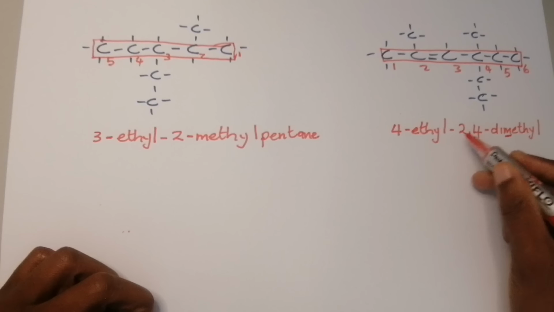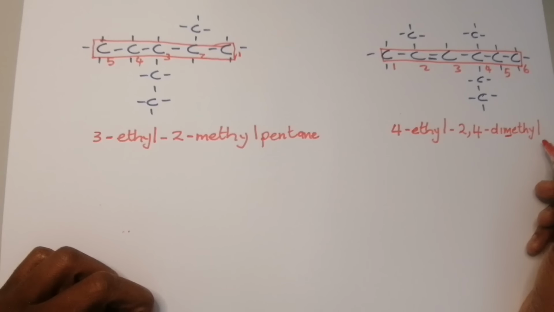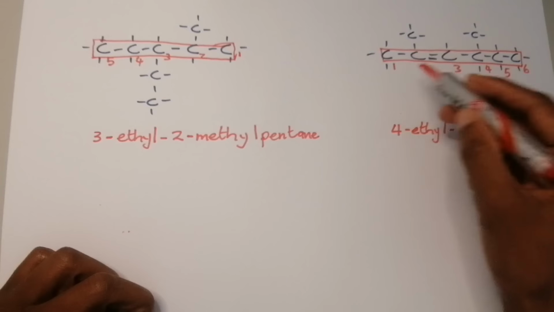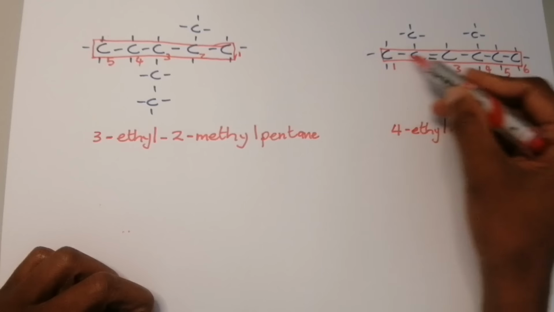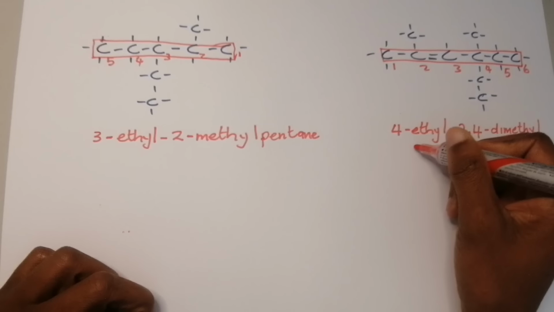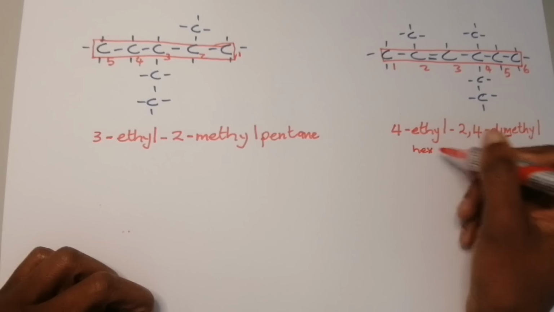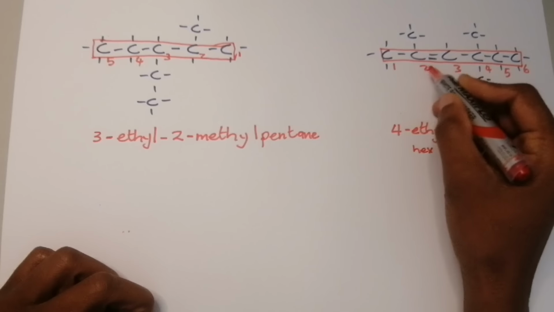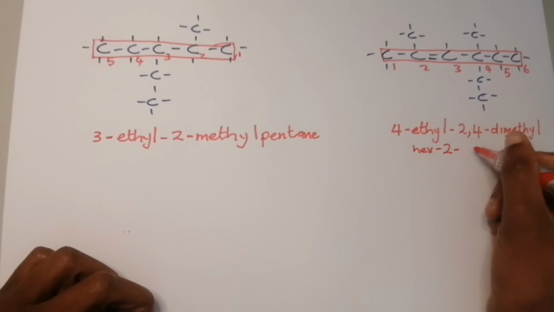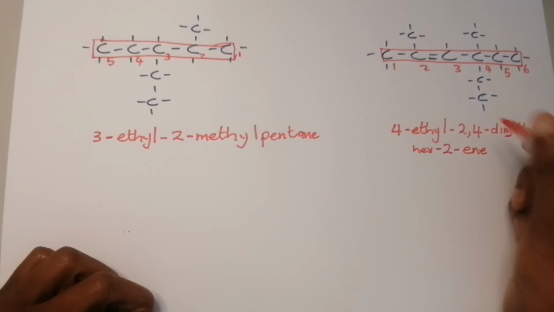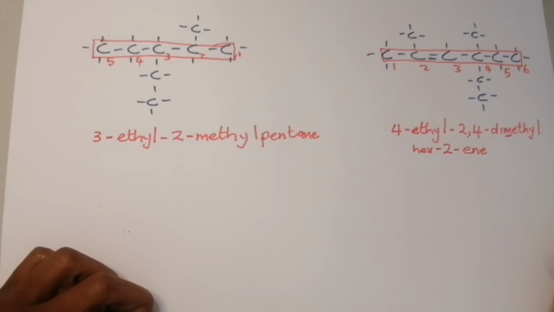So that's 4-ethyl, 2,4-dimethyl, and then please, I want you to note, so that's going to be hex, right? So that's going to be hex. Now note, between carbon number 2 and 3, hex-2-ene. We said we take the smaller number between the two.